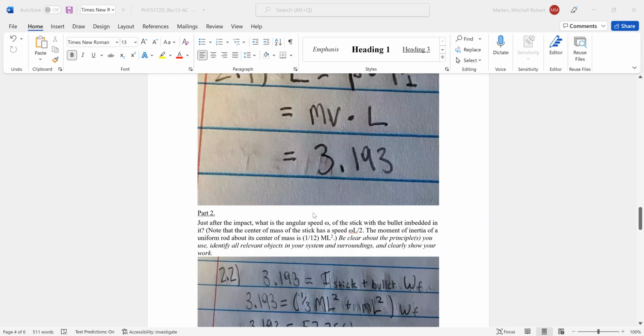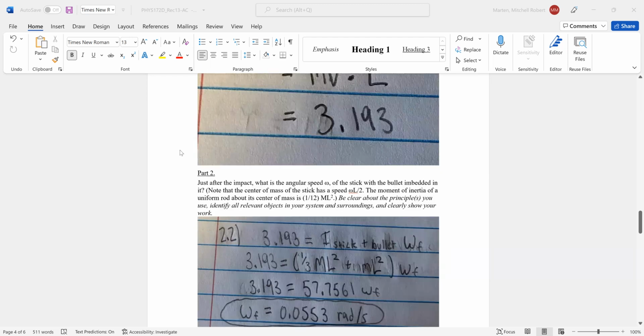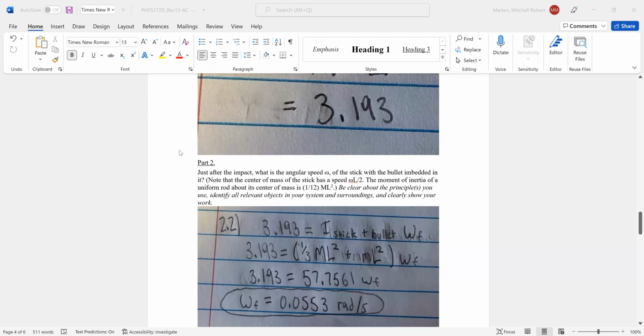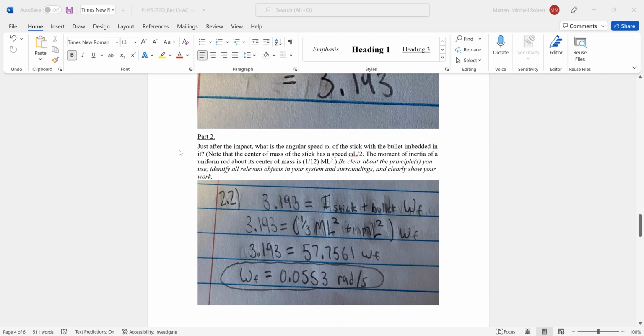Yeah. And then this one's asking what is the angular speed of the stick with the bullet embedded in it after the collision. So we can say that the angular momentum is going to be equal to the moment of inertia of the stick plus the bullet times omega final.